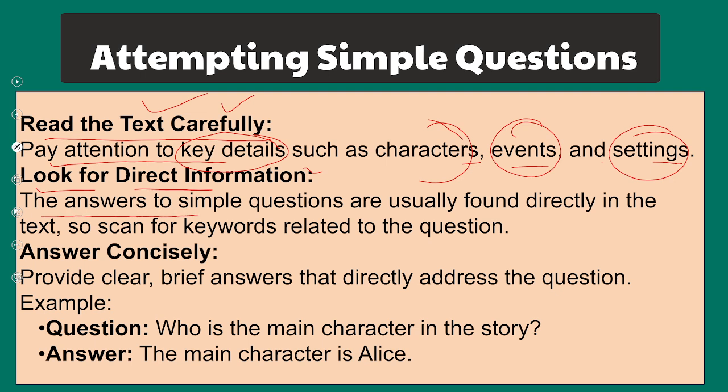The answers to simple questions are usually found directly in the text. So scan for keywords related to the question. This is where we will use our scanning technique of reading. Answer concisely. It means provide clear, brief answers that directly address the question.